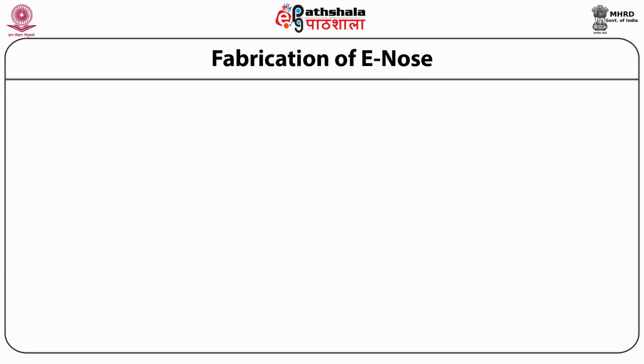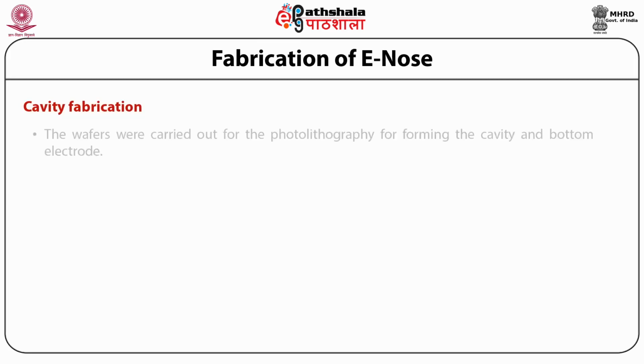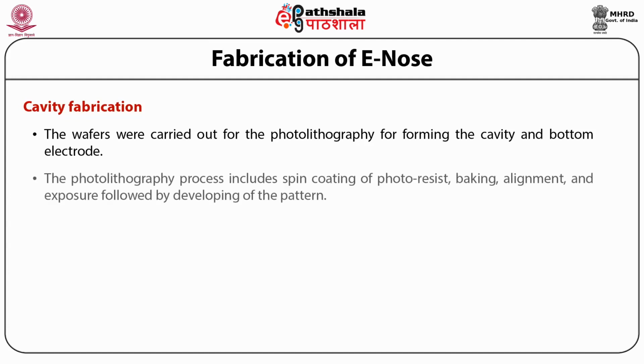So the last process is cavity fabrication. Here the wafers were taken for photolithography for forming the cavity and bottom electrode. The photolithography process includes spin coating of photoresist, baking, alignment, and exposure, followed by developing of the pattern.